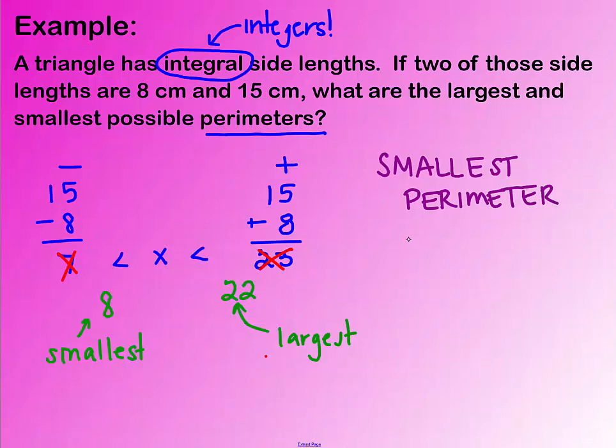So I know I'm going to have side lengths of 8, 15, and then I know my smallest side length is 8. So if I add those together, I'm going to get 31. So that's my smallest perimeter.